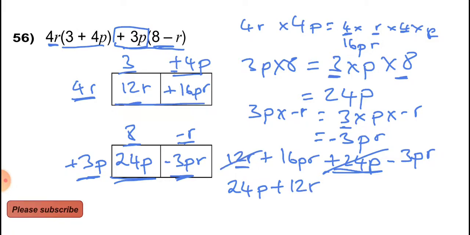Then here I can see 16pr, take away 3pr, so 16 lots of pr, take away 3 lots of pr. So 16 take away 3 is 13, so it's 13pr. So positive, 16pr take away 3pr is 13pr, and this is the final answer.